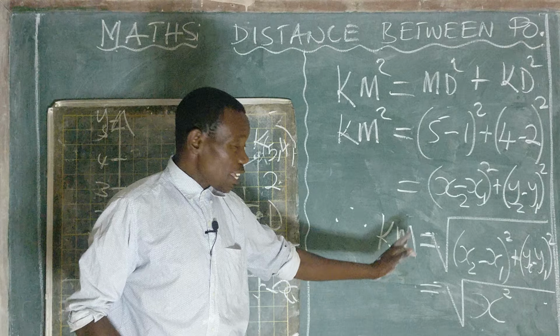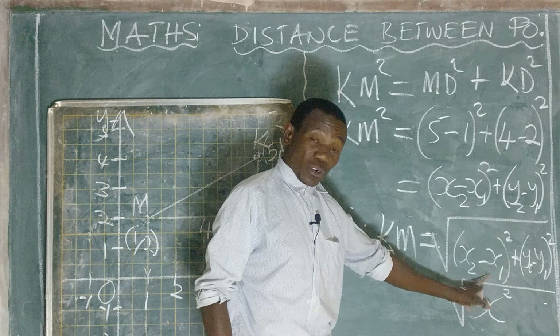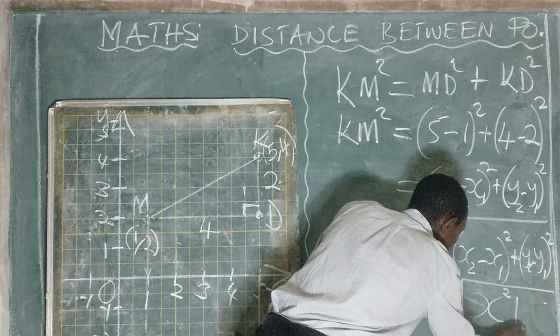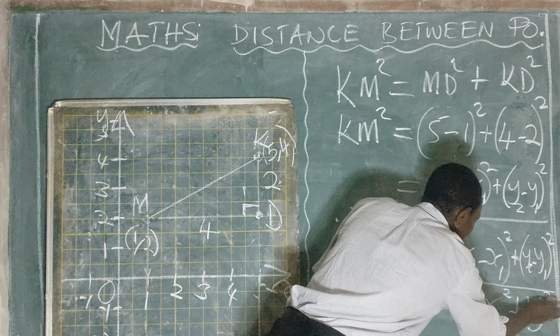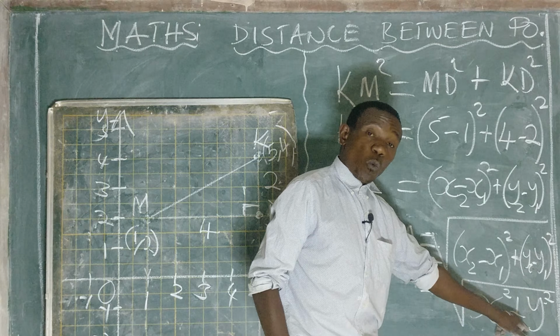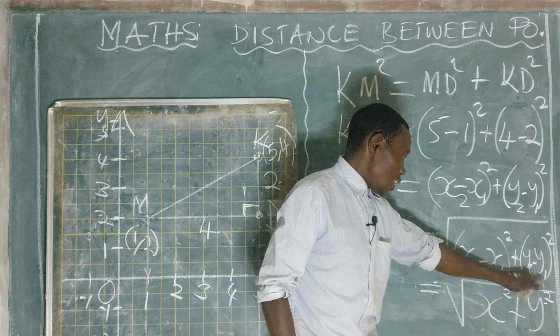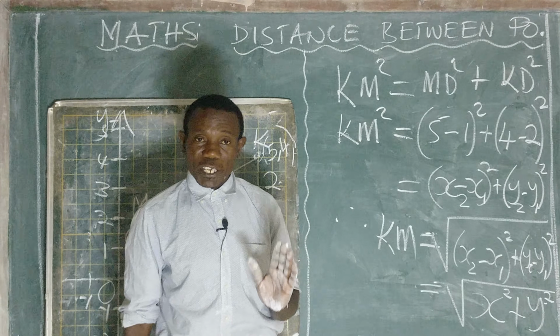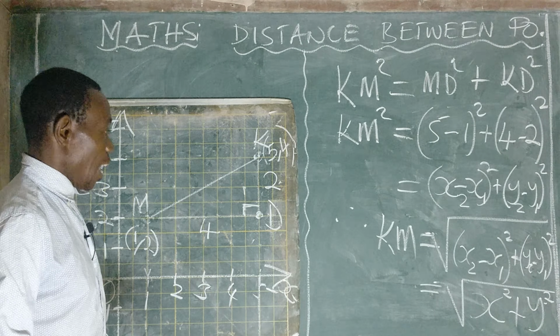In this case, that x squared simply means change in x coordinates. Then that one should be added with y2 minus y1, which you can just write as y squared, as far as you are able to define what this y I'm writing here is. So this y represents the change in y coordinates. Right, so that's what we have there.